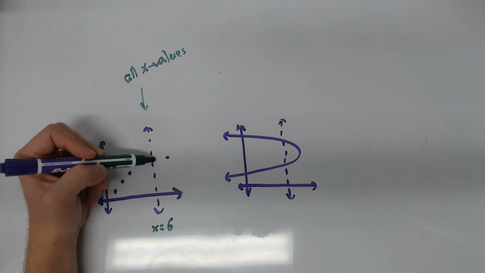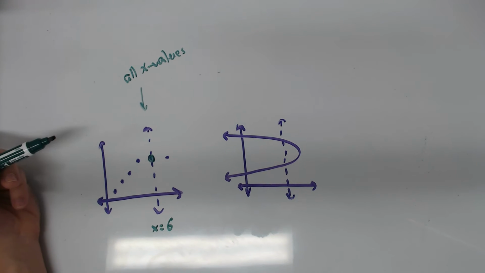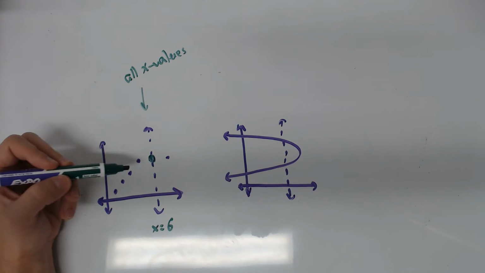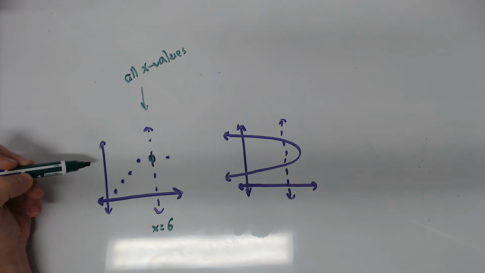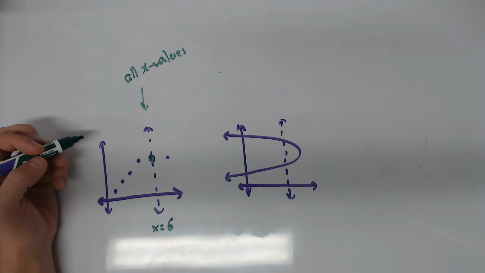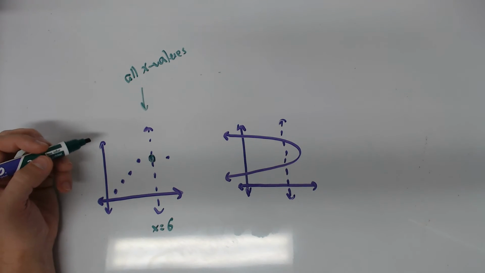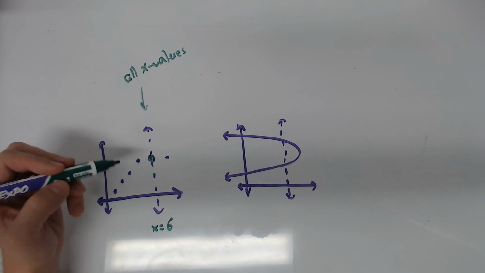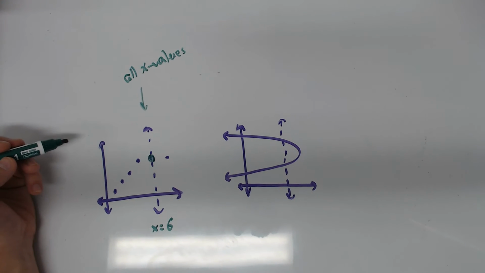And the idea is x equals 6 should only have one result. And it's right there. So if we slide this vertical line, it should never cross the graph twice or more than twice. It should only ever be able to cross once. Not crossing is also okay. Less common, but it's also okay.